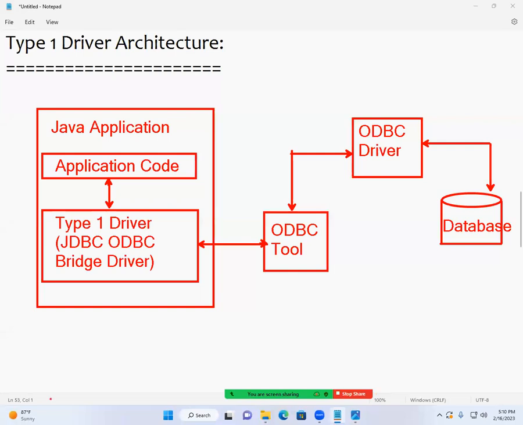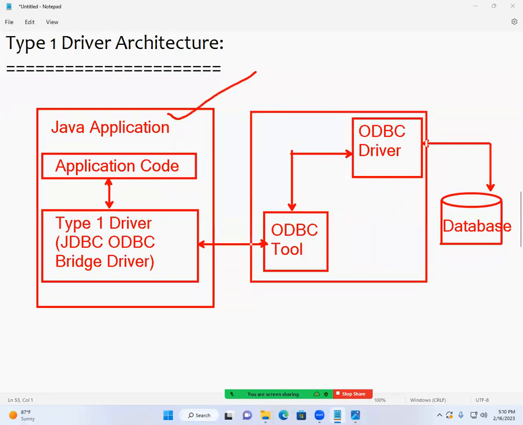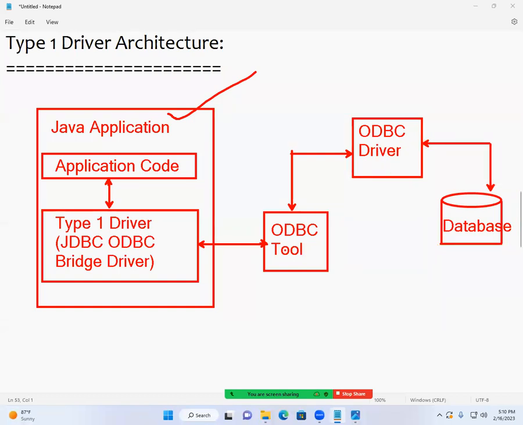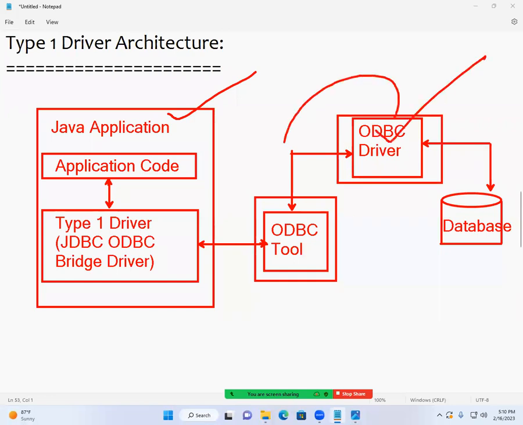Now, here there are a total of 3 softwares. Our Java program is like one software. These 2 are like one software. This is like one software. Actually this is separate only. If we install this software, it appears in this software. This is one Java program.